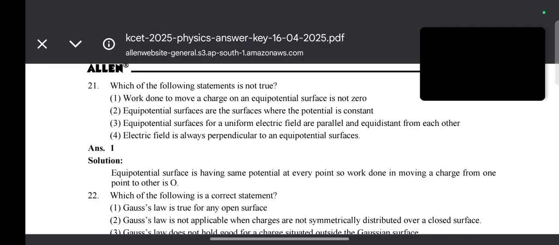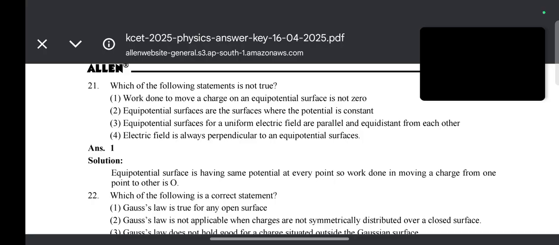Next, 21st question: which of the following statements is not true? First one is, work done to move a charge on an equipotential surface is not zero. Equipotential surfaces are surfaces where the potential is constant. Equipotential surfaces for a uniform electric field are parallel and equidistant from each other.